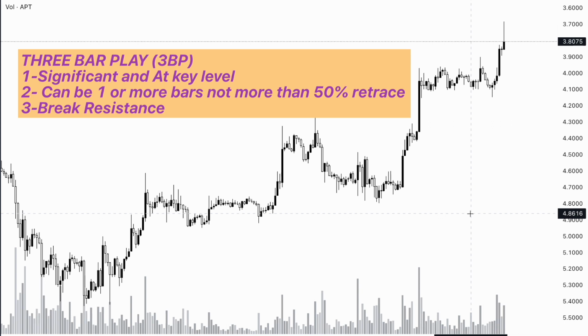Now, do these work 100% of the time? Of course not. You're going to have situations in which you get a perfectly set up 3-bar play. It's going to go up, and then it's going to come right back down, take your stop out, and you're out, right? But I believe that this pattern is sufficiently successful to where you should be making money at least half of the time.